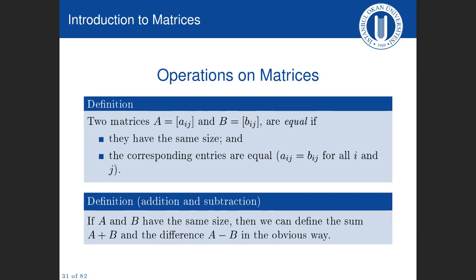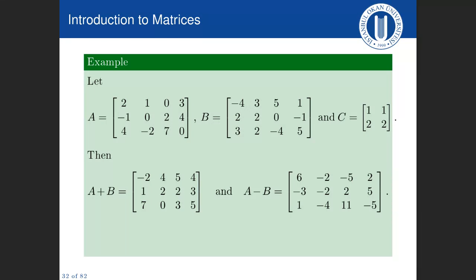If capital A and capital B have the same size, then we can add them together, or we can subtract one from the other in the obvious way. So for example, let's suppose I have three matrices, capital A, capital B, and capital C. I could add A and B together just by adding the entries in the same position.